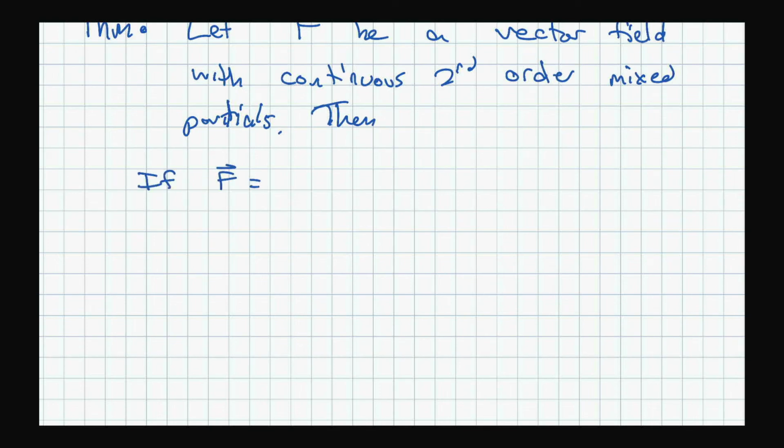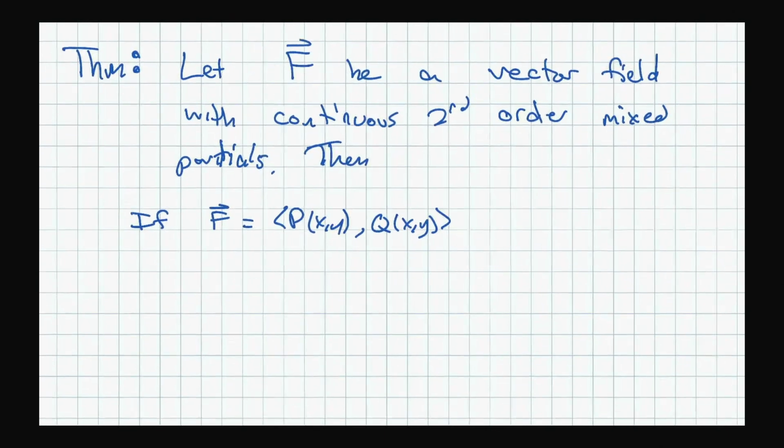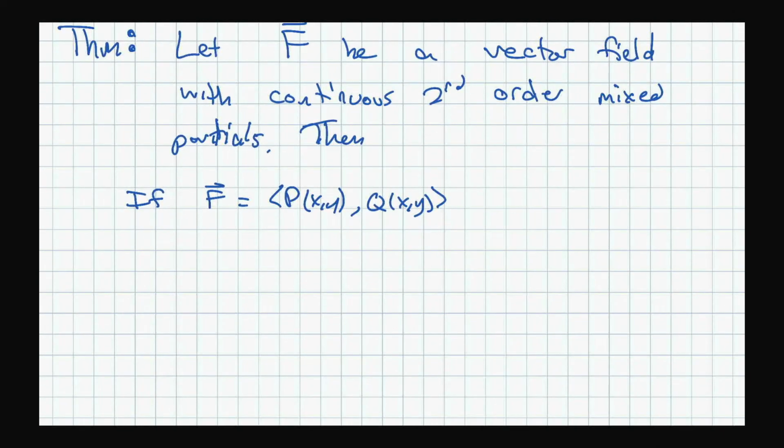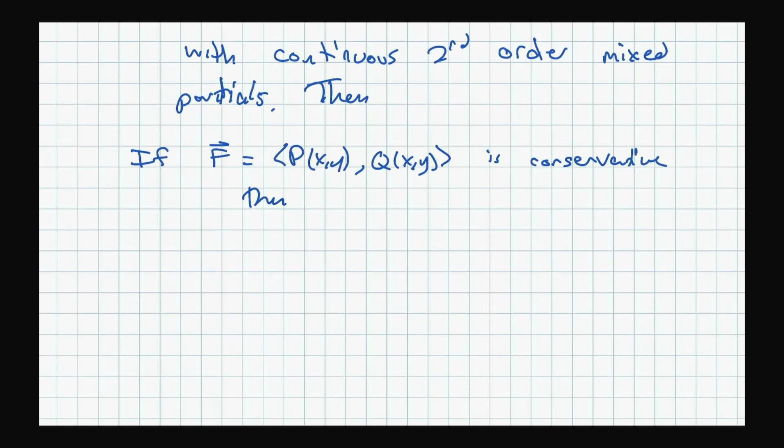If f equals p of xy, comma q of xy, and if that's conservative, then the partial of p with respect to y has to equal the partial of q with respect to x.